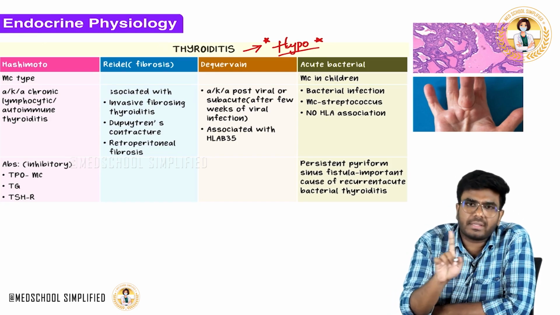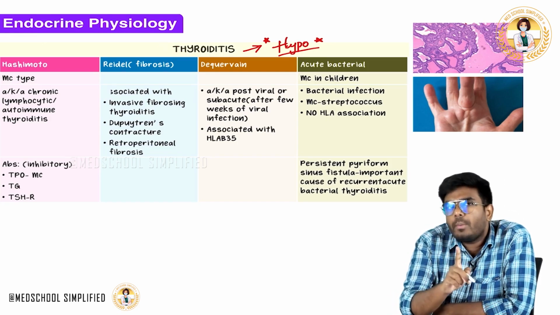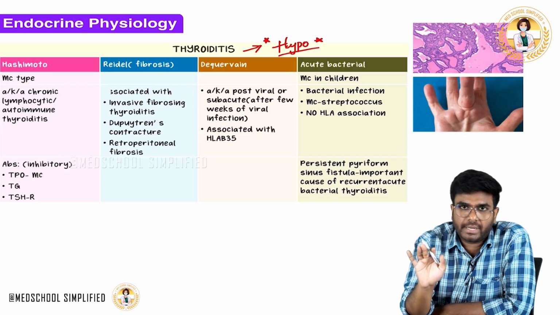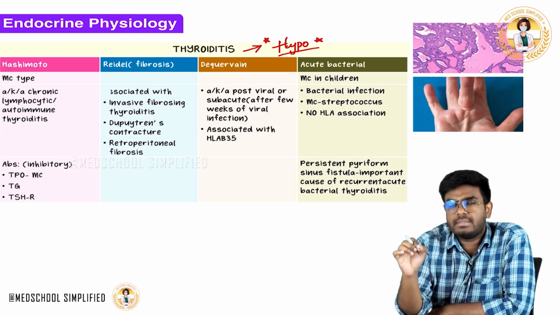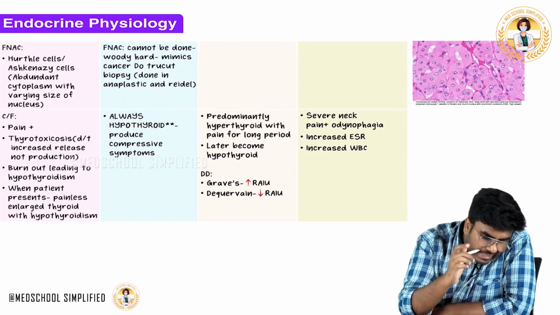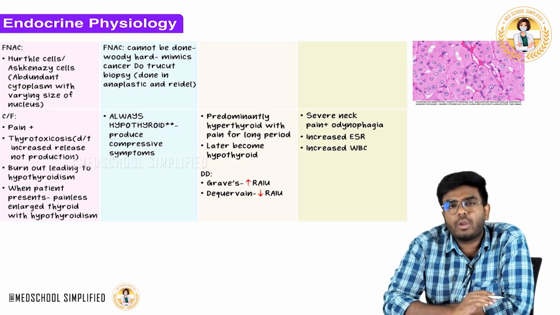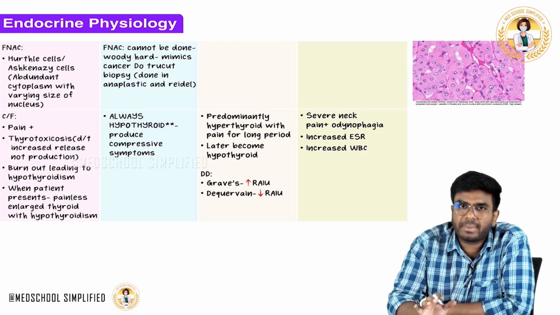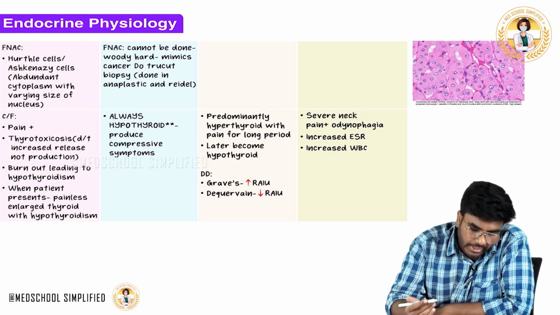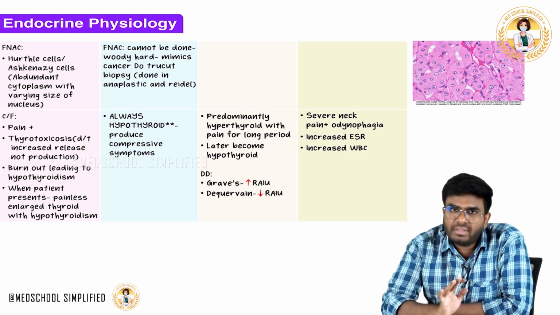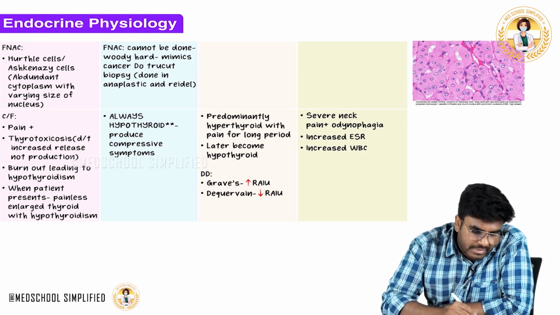Usually all the thyroiditis predominantly present as hypothyroid, but De Quervain's presents mostly as hyperthyroid, with pain for a long period. There is pain, and there are features of hyperthyroidism, but later they become hypothyroid.